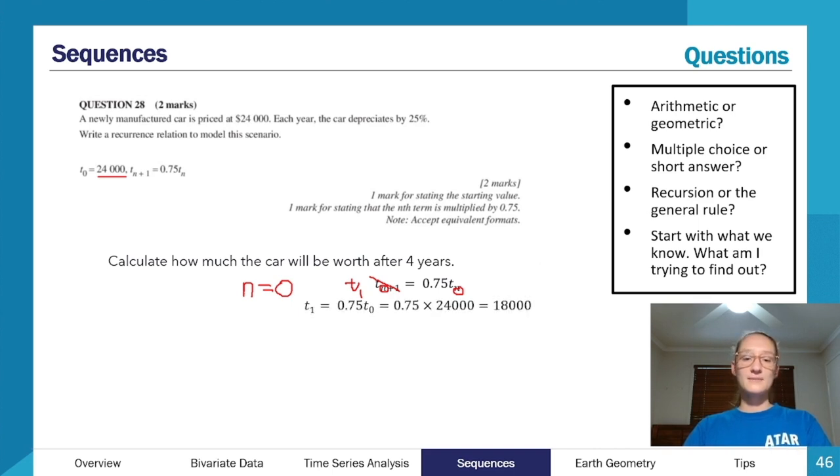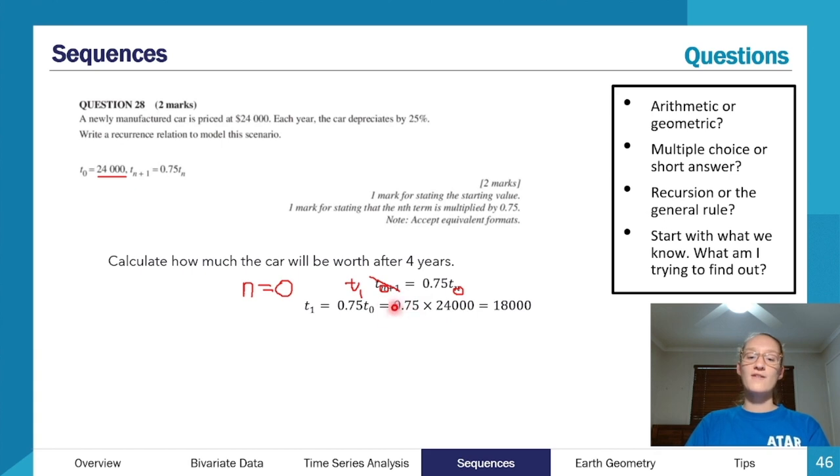So T1, like I've already said, equals 0.75 times T0. And because we know that T0 is the exact same as $24,000, because that's what equal means, they're balanced, they're the same, we can substitute T0 for $24,000.